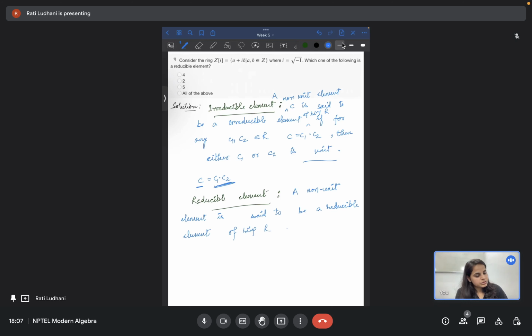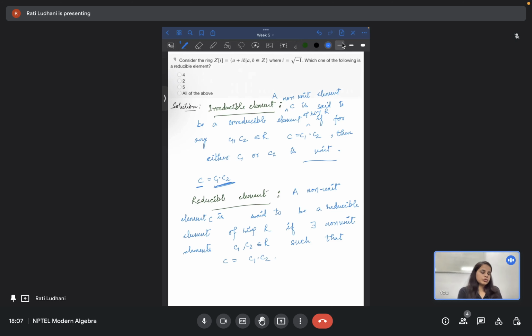A non-unit element c is said to be a reducible element of R if there exist non-unit elements c1, c2 belonging to R such that c is equal to c1 into c2.